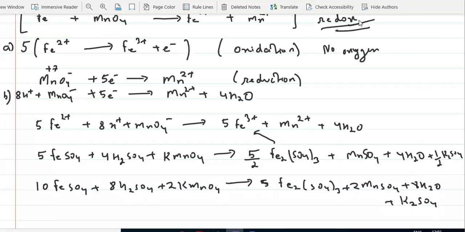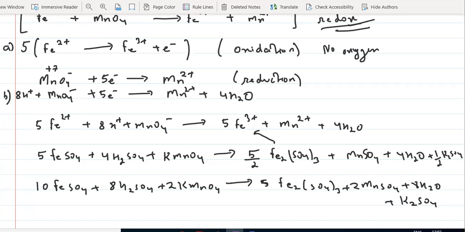Now think about this, because when I was a student, I was very confused about which step to follow first, which step to follow second, what is the oxidation method, what is the reduction method. Because it is half K2SO4, if half is multiplied by 2, we will get 1. Got it?